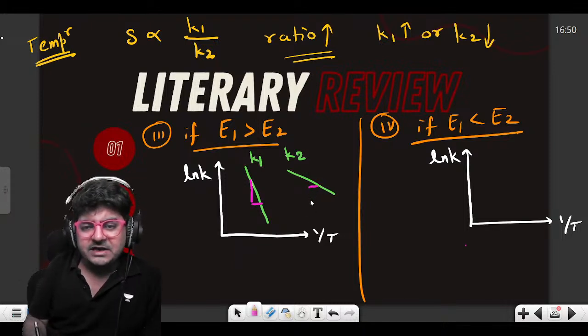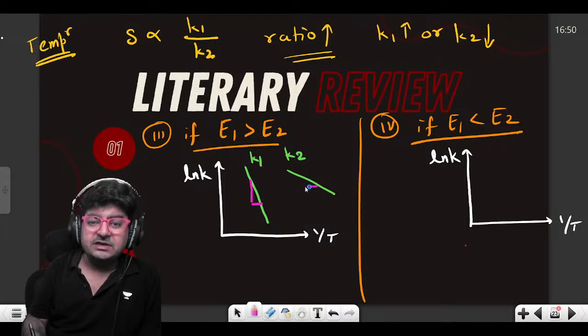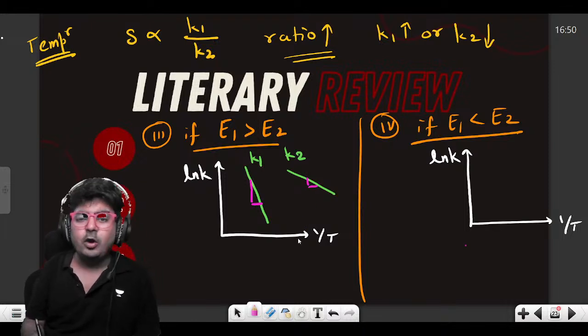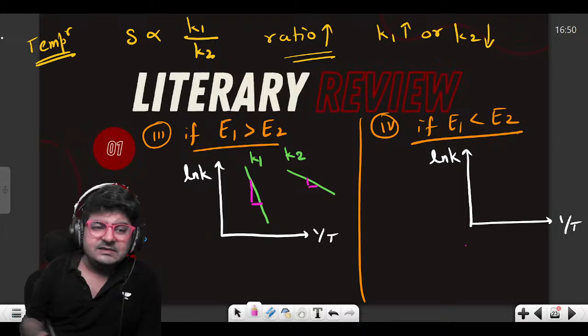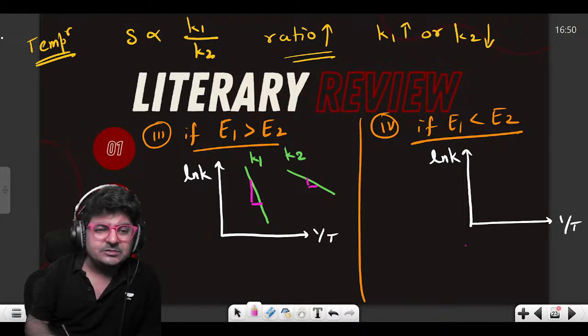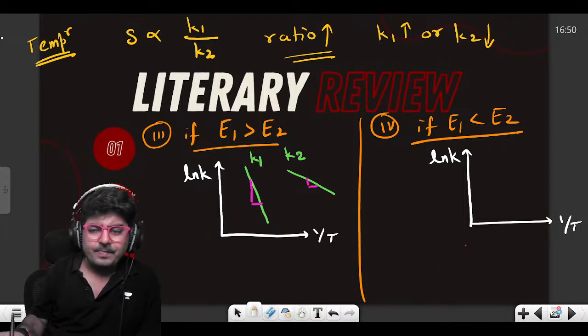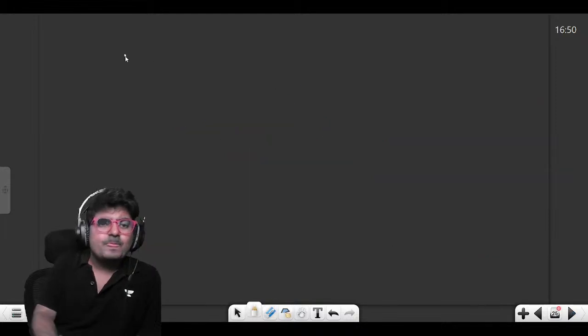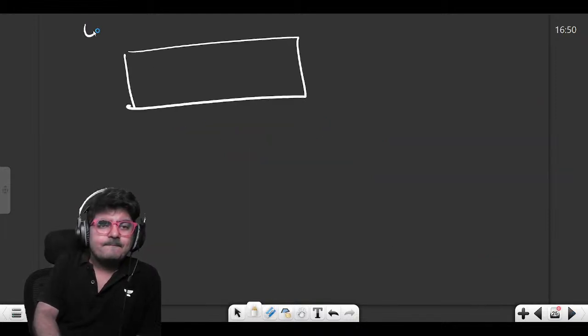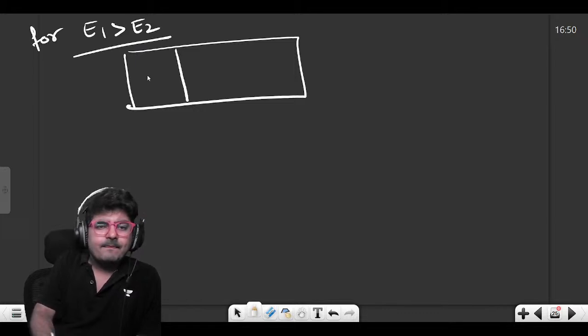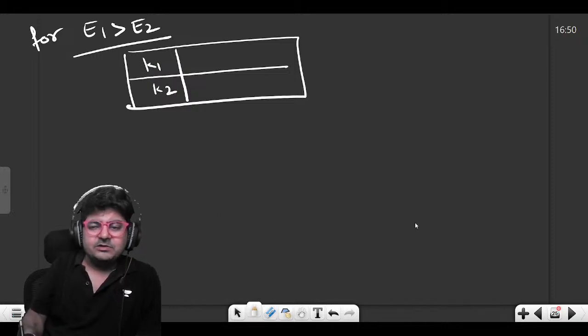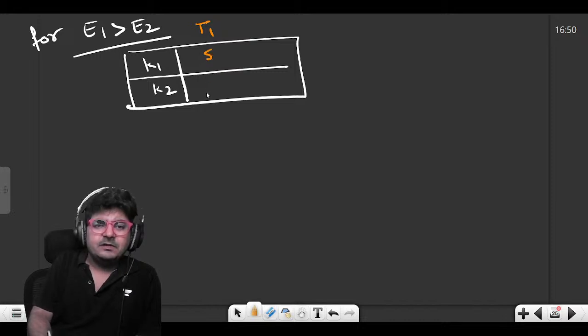And for the same change in temperature, the percentage change in K2 value is relatively small. ठीक है. इसका लॉजिक क्या है, इसका मतलब क्या है, आप ऐसे सोच सकते हो. सपोज एट एनी टेम्परेचर T1, K1 की वैल्यू है 5, K2 की वैल्यू है 2.